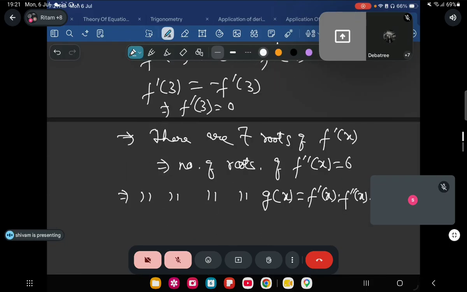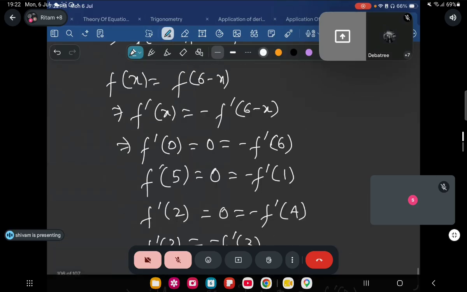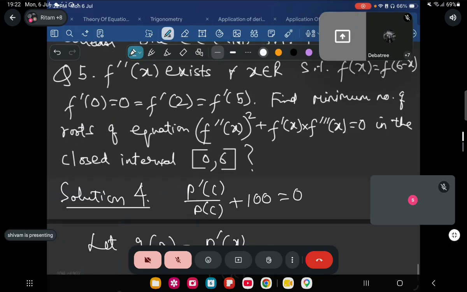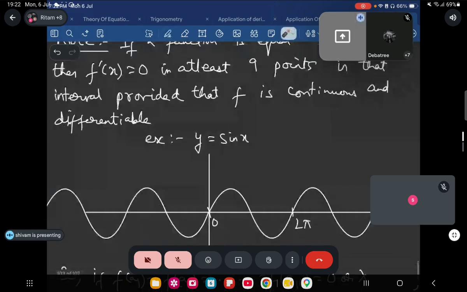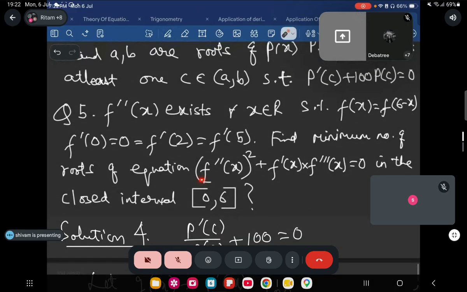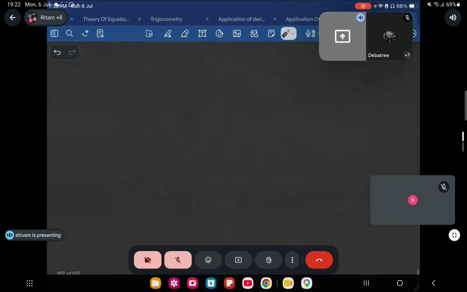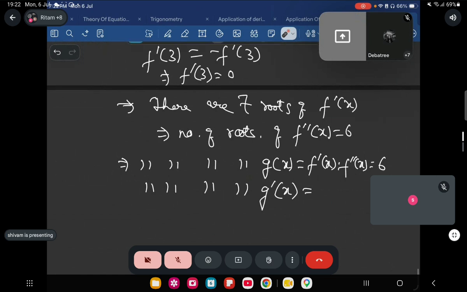So how many roots will be there for g dash x? Tell me. G dash x should be equal to 0, right? This is the derivative of g of x. So how many roots will be there for g dash x? Tell me.